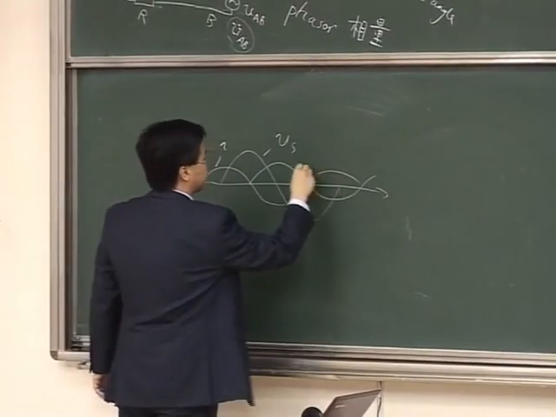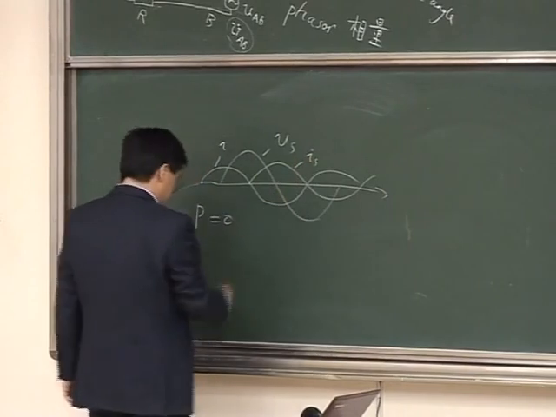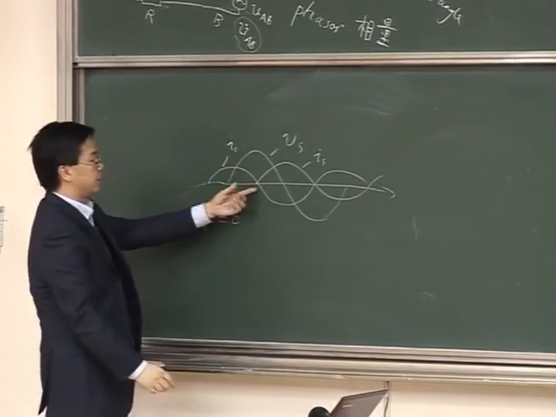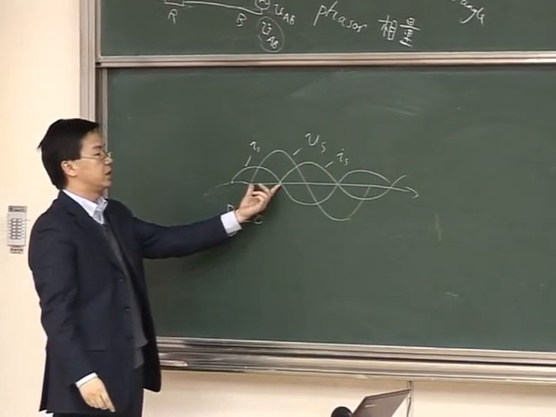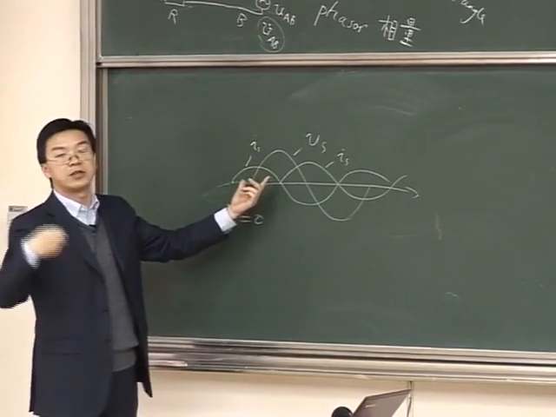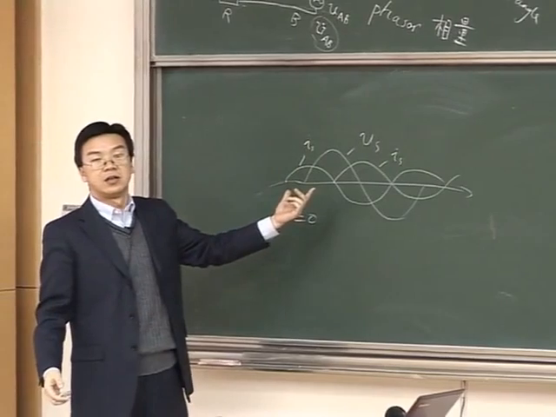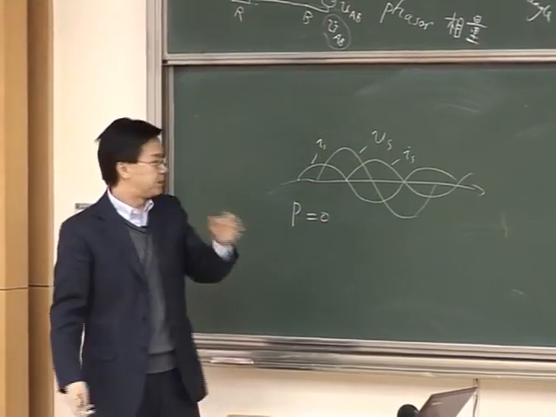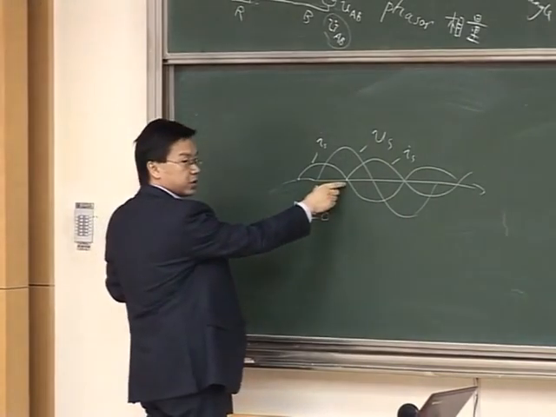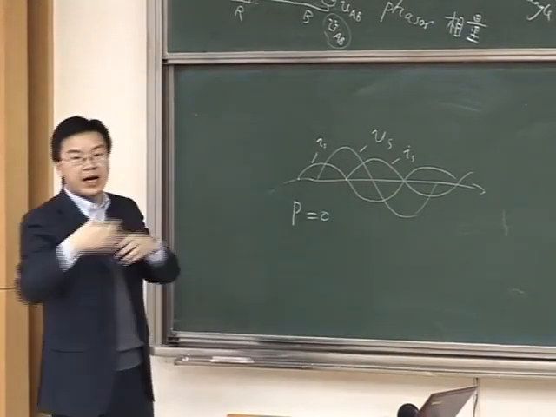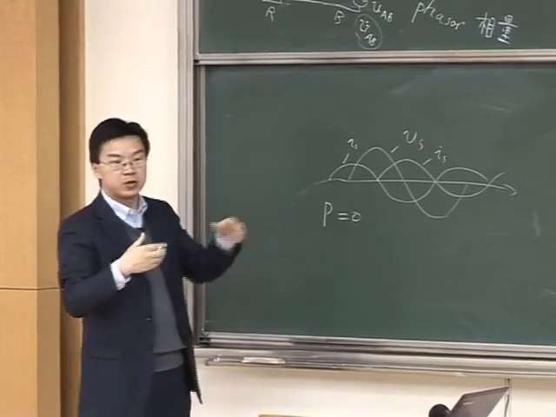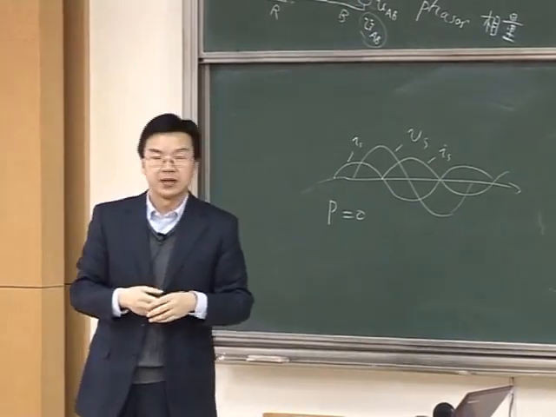So the current will be like this. Again, the phase angle is different from Us by 90 degrees. Therefore, there's no active power, only reactive power. But this time we are absorbing lagging reactive power. In the previous case, we were absorbing leading reactive power.